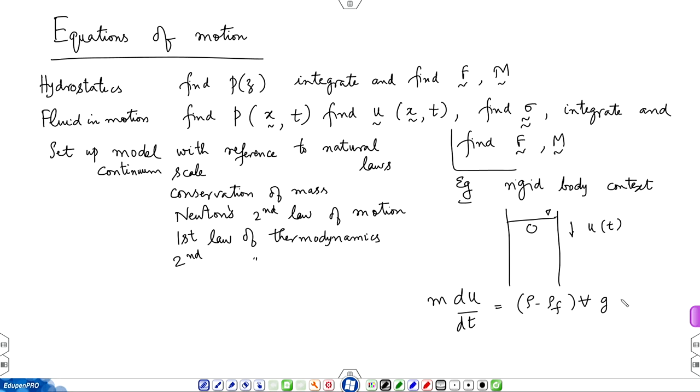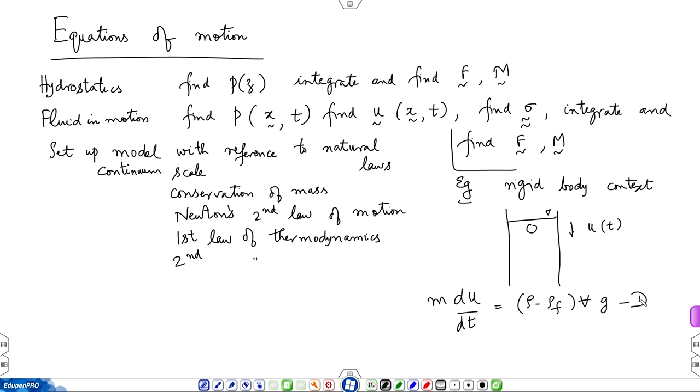Okay. So, if the material density is smaller than fluid density, then of course, this motion is not possible. So, rho is greater than rho f, and then minus, let us call this drag D, which is the force acting on the object because of the surrounding medium. The stress distribution on the solid object whose resultant in the vertical direction is D.